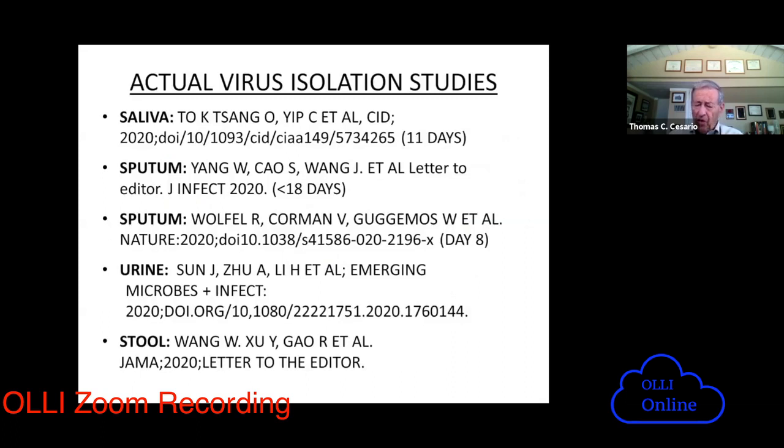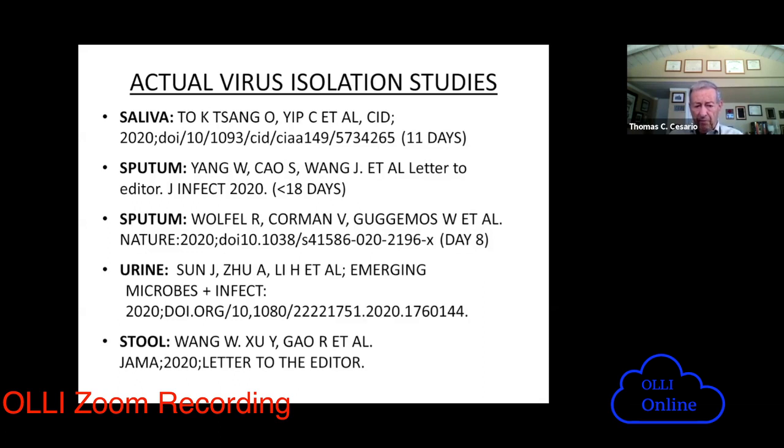And that says the only way we can really tell that you're infectious is if we try to culture live virus. We have to grow it in a test tube. We want to grow it in tissue medium and find out if the virus is actually there. There are only a few studies that have done this because it takes a special laboratory. You have to take special precautions because you don't want the technicians to get infected. So there are special circumstances where you do this, so there haven't been a lot of studies.